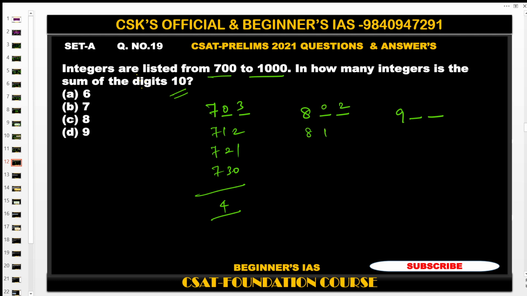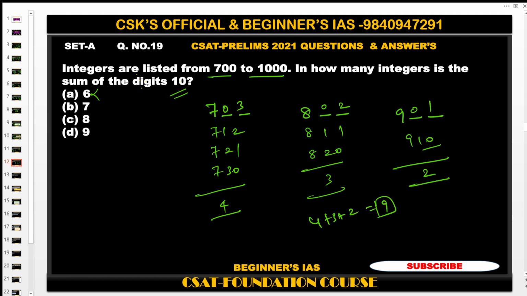Then 811. Isn't it? Then 820. In this case 3. So now 7. Listen carefully. You can eliminate 6. The next one 901. 910. Understanding? Yes, sir. So therefore here 2. So therefore 4 plus 3 plus 2. Simple question. In this kind of question, you should not make any mistake. You just read it once or twice, then easily you people will get the answer.